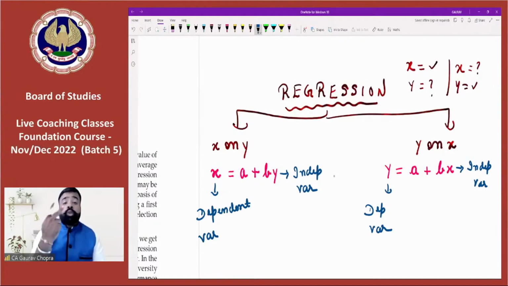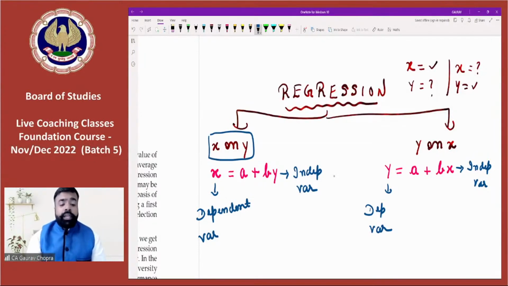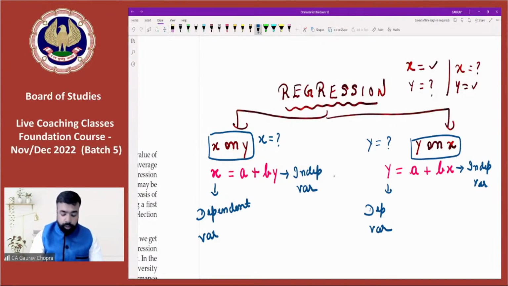So always, out of the two variables, one variable will be dependent on the other. In equation x on y, x is the dependent variable. So whenever we have to find the value of x, we use equation x on y. And if we have to find out the value of y, then we will use y on x.